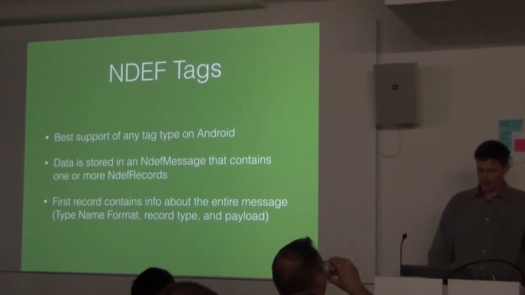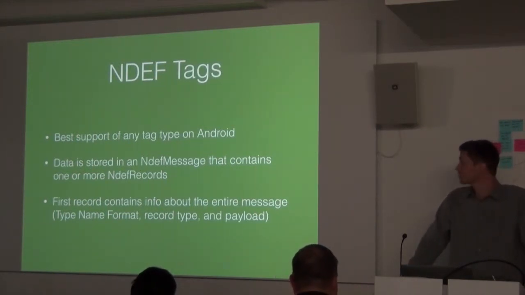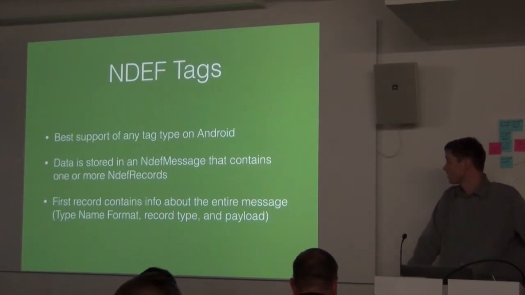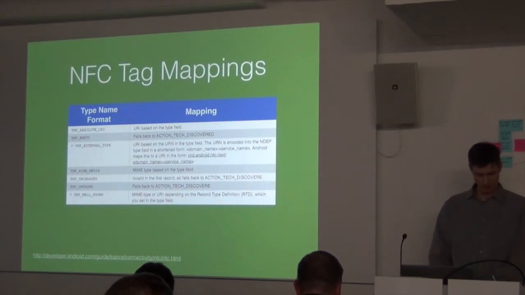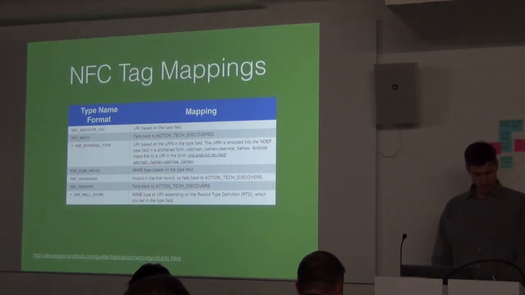Data is stored in an NDEF message that contains one or more NDEF records. The first record contains info about the entire message. It will contain a type name format, the record type, and a data payload. So here are the different tag mappings.